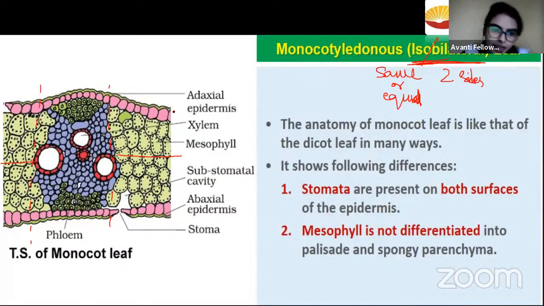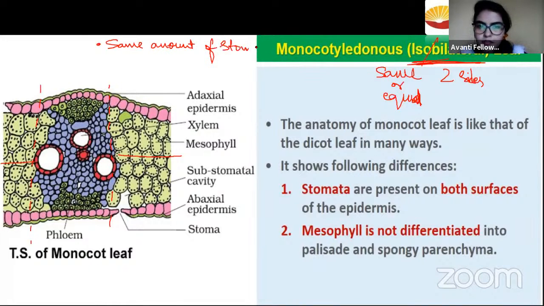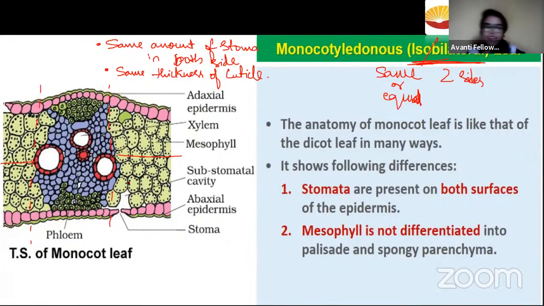So what is it same? देखो यहाँ पे same amount of stomata in both the epidermis, stomata on both sides. Second, same thickness of cuticle, and everything is same.